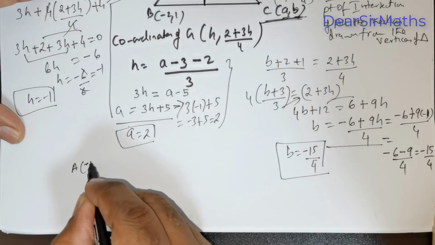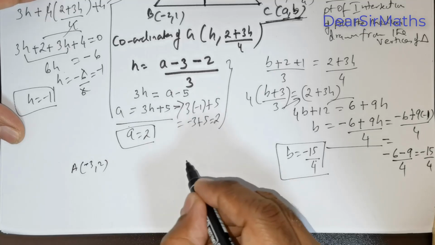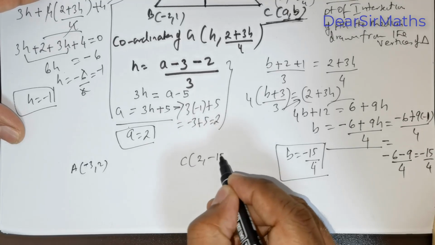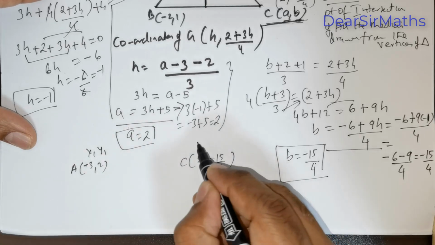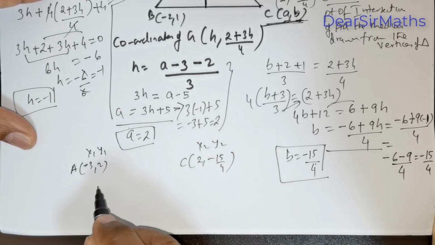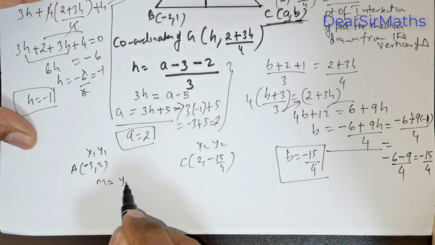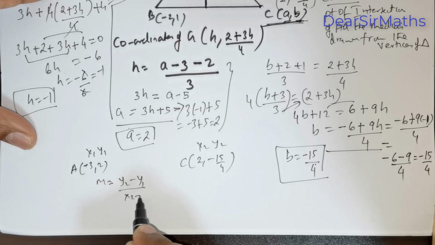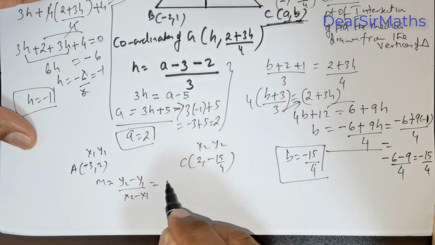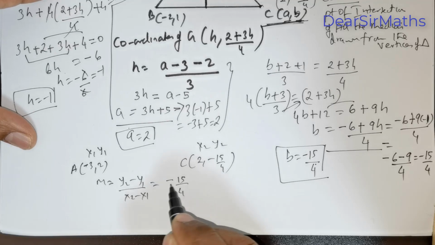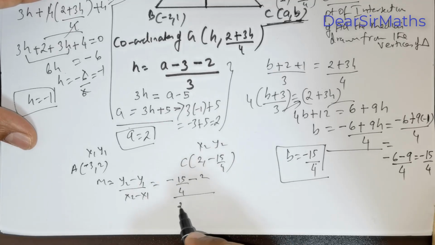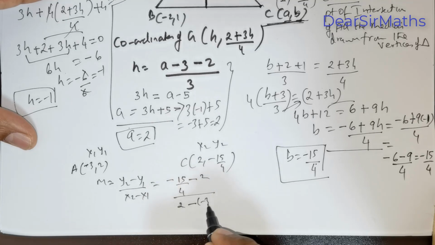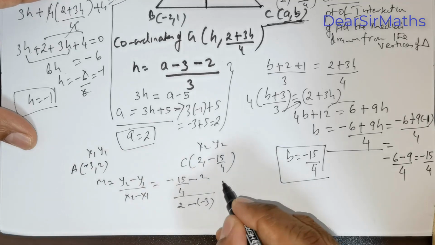The point A is (-3, 2) and the point C is (2, -15/4). I take this as x1, y1, x2, y2, and the slope m is equal to (y2 - y1)/(x2 - x1). y2 is -15/4, minus y1 is 2, and my x2 is 2, minus x1 is -(-3).